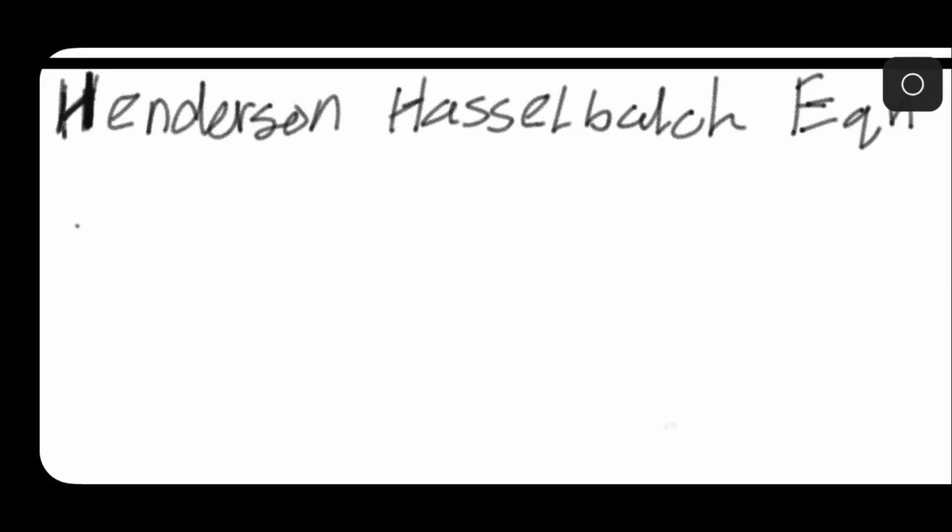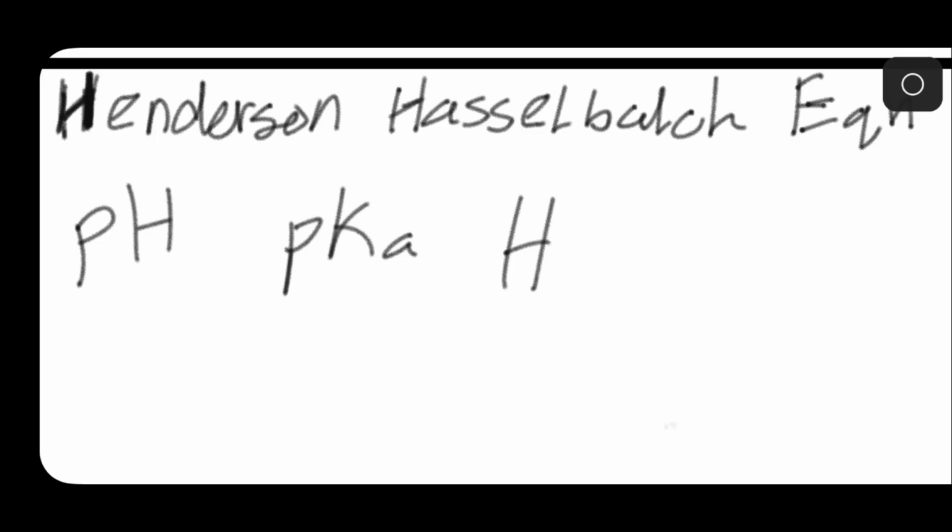Now, the Henderson-Hasselbalch equation is used to calculate the pH of a buffer solution by relating its acid dissociation constant pKa and the concentrations of a weak acid HA and a conjugate base.